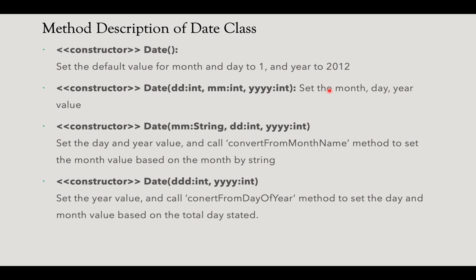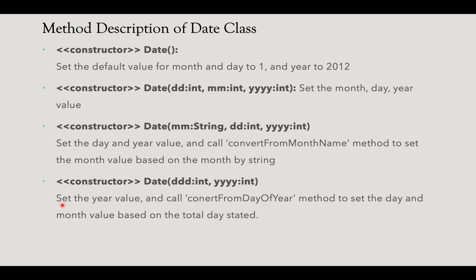Then the second one, we're going to set the month, day, and year values. We take them in from the user as parameters here. So this one will call the convertFromMonthName method to set the month value based on the month string.